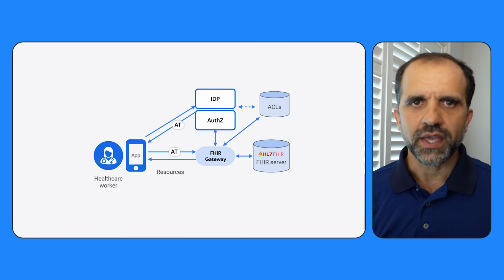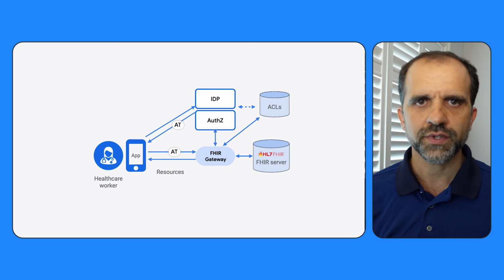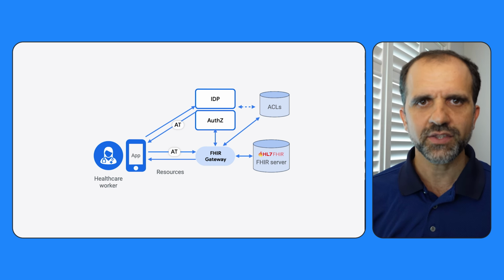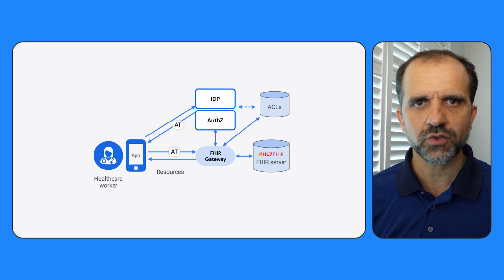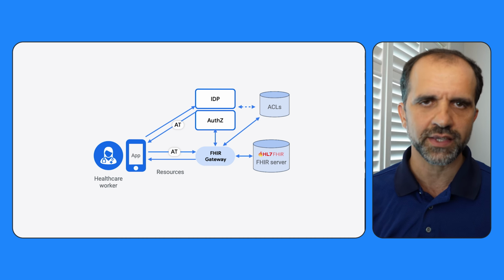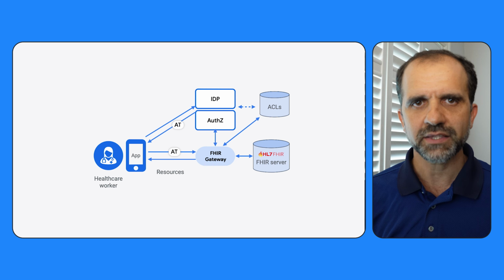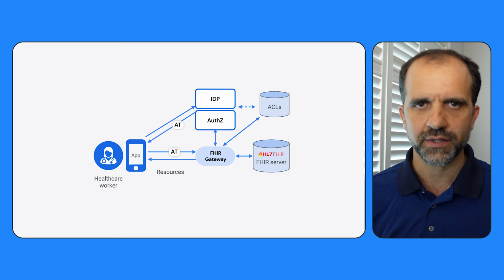The Info Gateway is not opinionated about where the authorization rules come from. An AccessChecker plugin may take this information from the access token itself or load it from the FHIR server or even another service dedicated to ACLs. And as mentioned before, the access rules may not even be explicit.